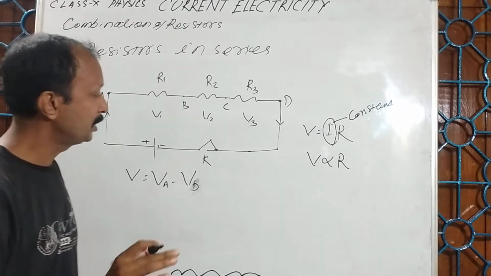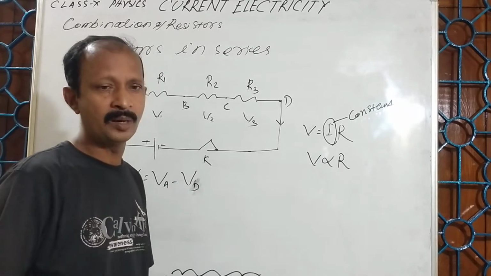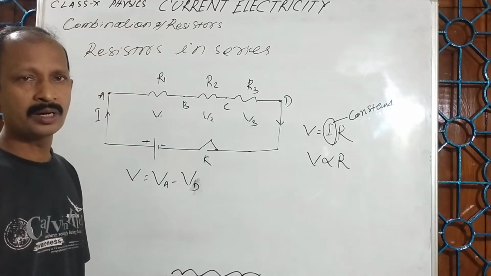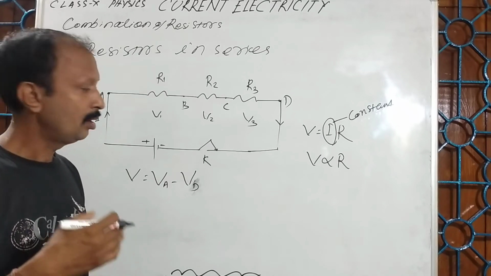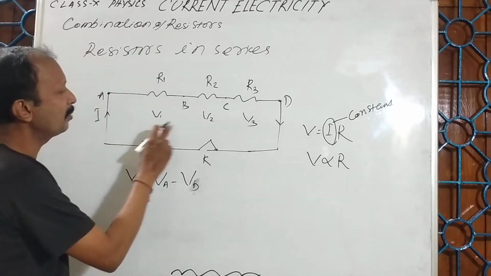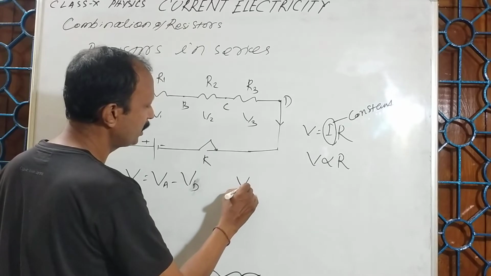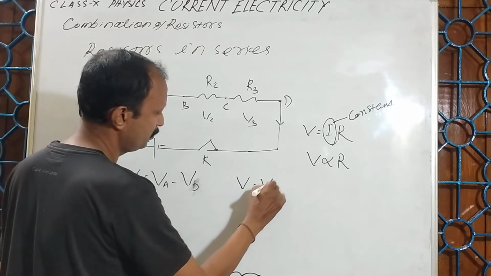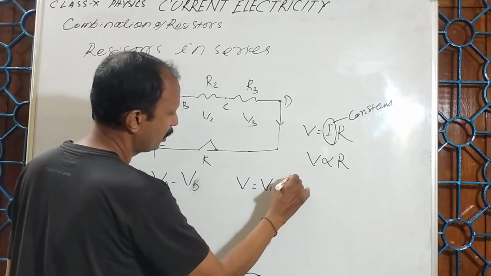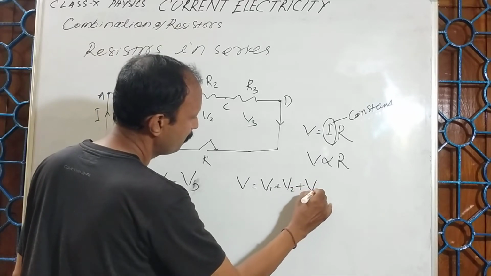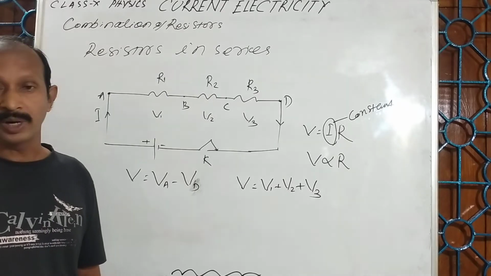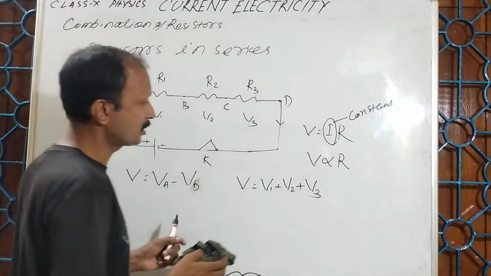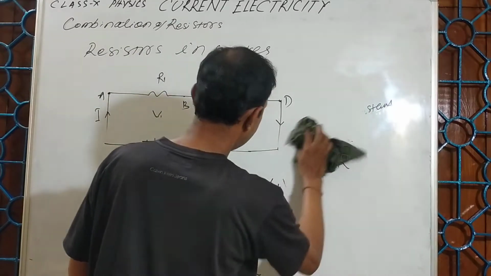You have to remember that in case of a series connection, the total potential difference is equal to the sum of the individual potential differences. I can say that V equals V1 plus V2 plus V3. Okay, so let us start to calculate the equivalent resistance in series.